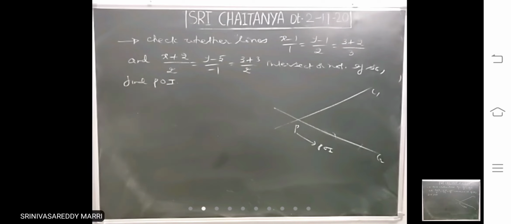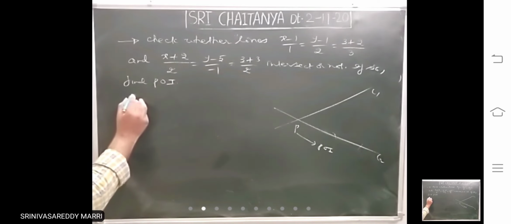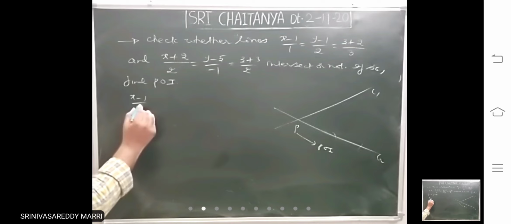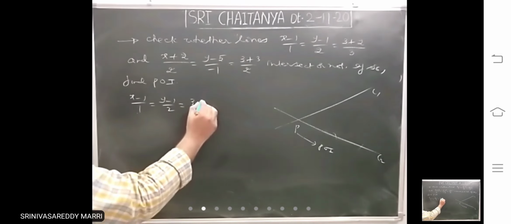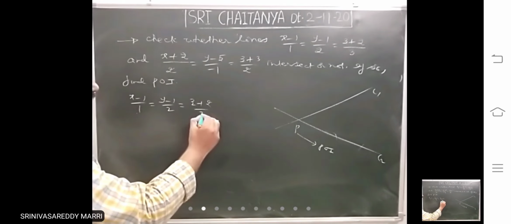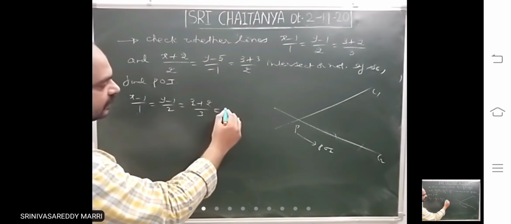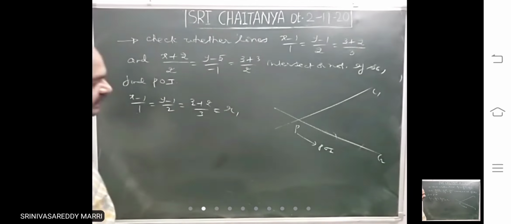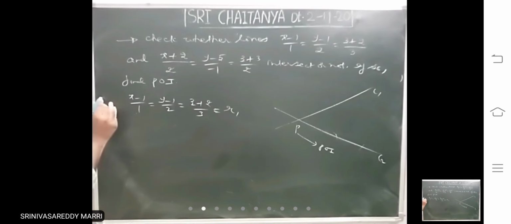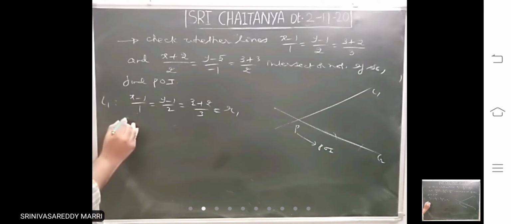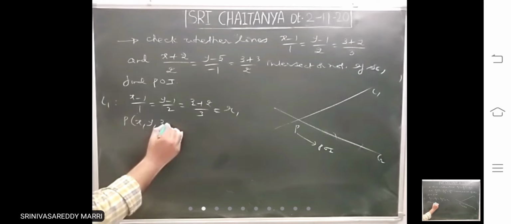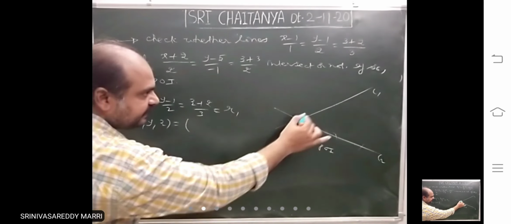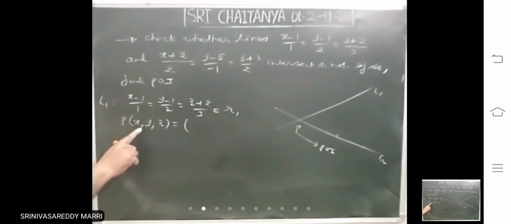For finding the point of intersection, what we will do is (x minus 1)/1 equal to some R1, let us say. This is line 1. Now I will calculate P(x, y, z). This point P lies on L1.